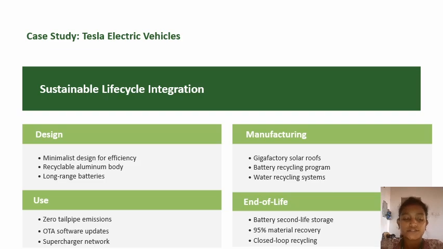Usage means customers get zero tailpipe emissions, OTA software updates, and a Supercharger network. At end of life, batteries get a second life as storage, with 95% material recovery through reuse or recycling, in a closed-loop recycling system.